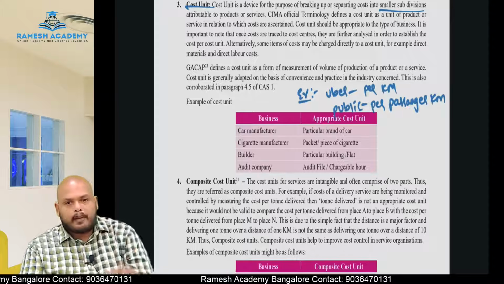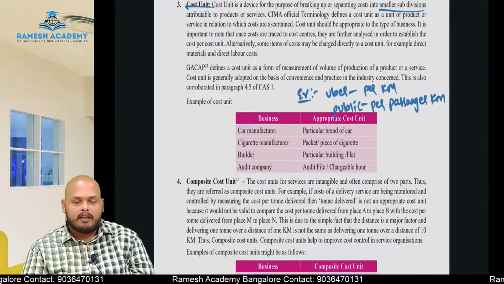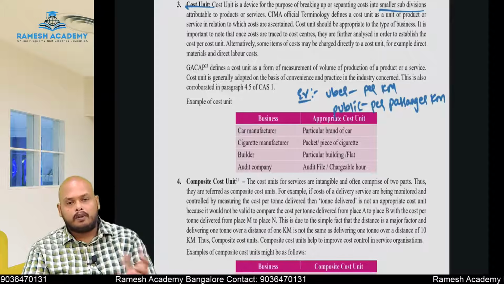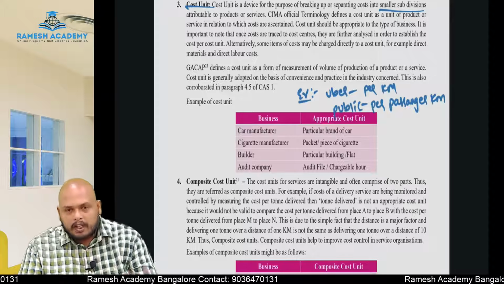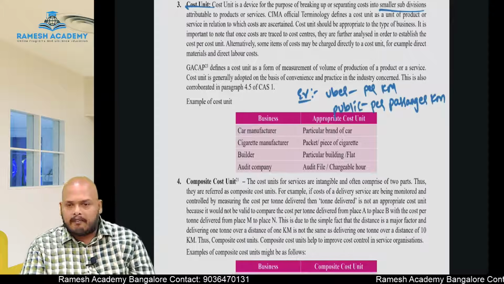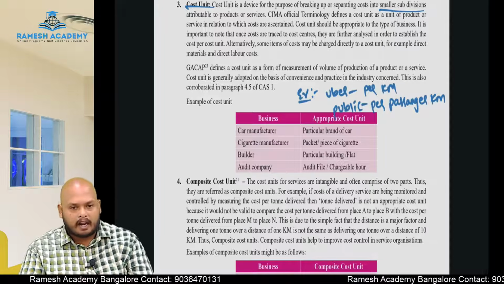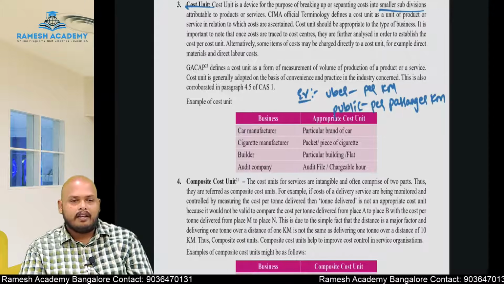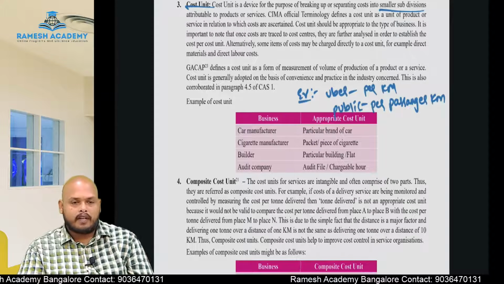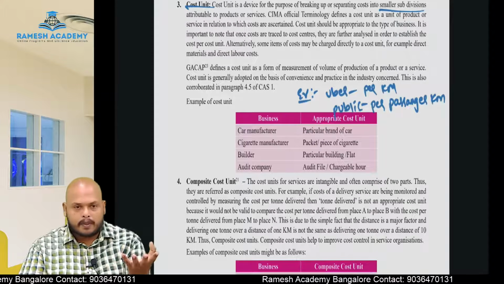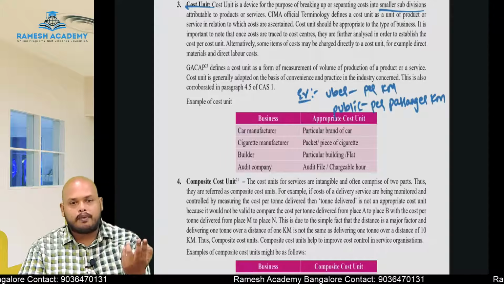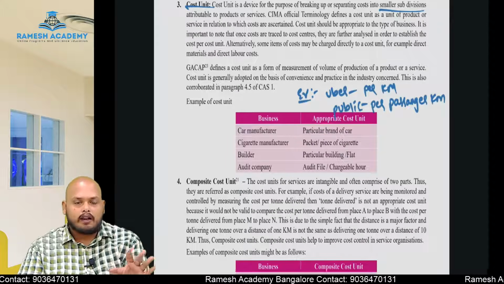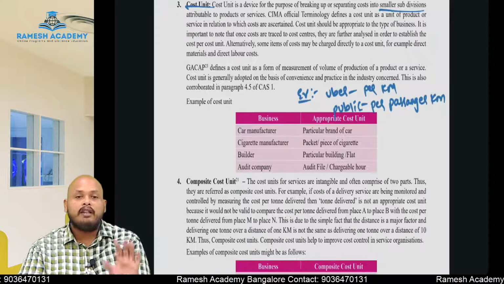Uber is a private transportation. Whatever the distance you are traveling, he will not ask how many people you are taking. Suppose there are 4 members in a family traveling together in a car. How many members are traveling? That question he will not ask. If a single person is traveling, 4 persons, 3 persons, or 2 persons, he won't charge on a passenger basis. He will charge per kilometer.